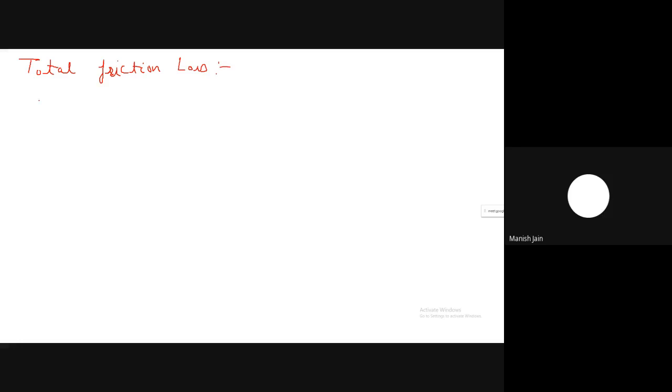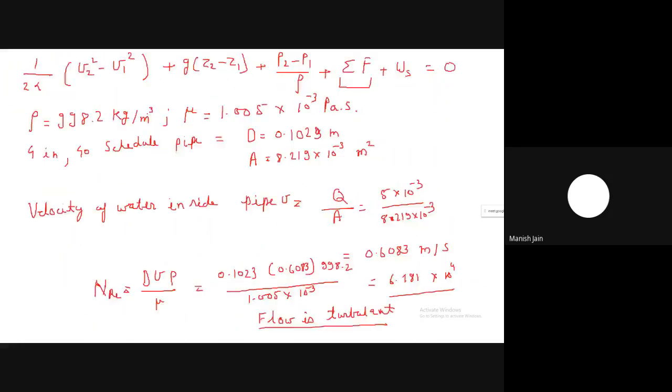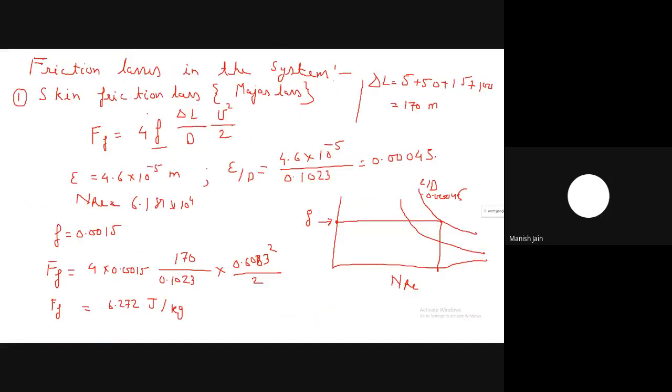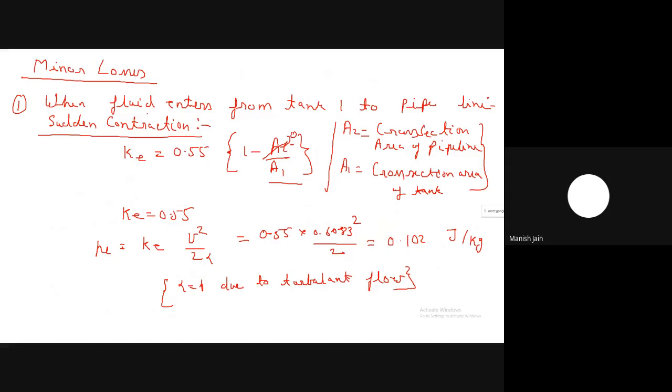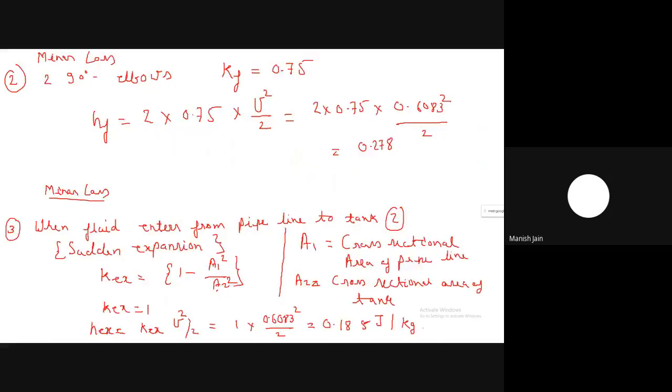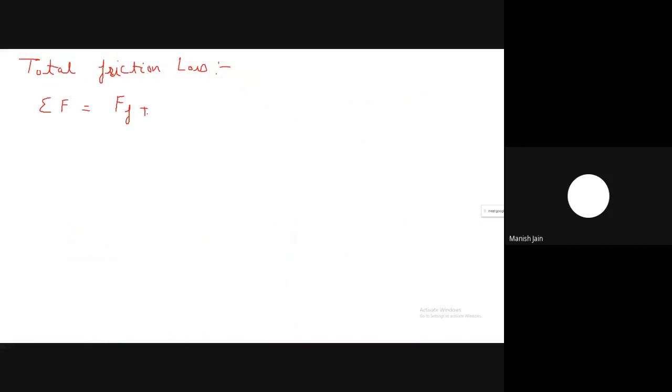So total friction loss should be equal to sigma F, that is equal to Ff, the major loss due to the skin friction, plus the second, He, third, Hf, and fourth, Hex. Okay, Ff plus He plus Hf plus Hex. So these are the four losses.